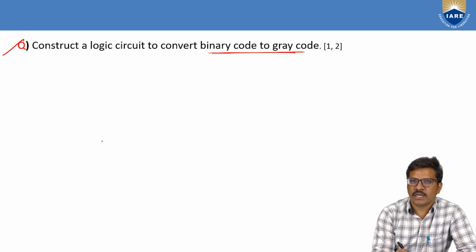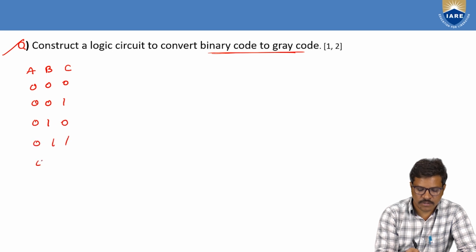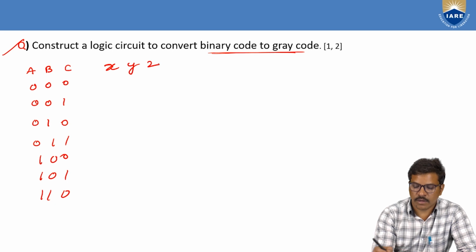on the requirements. So if you want to convert 3-bit binary to 3-bit gray code, you require ABC as the inputs: 000, 001, 010, 011, 100, 101, 110. XYZ are the outputs of the gray code.